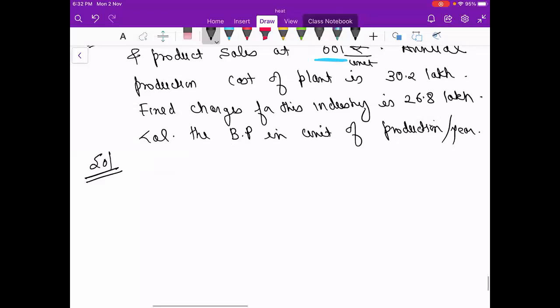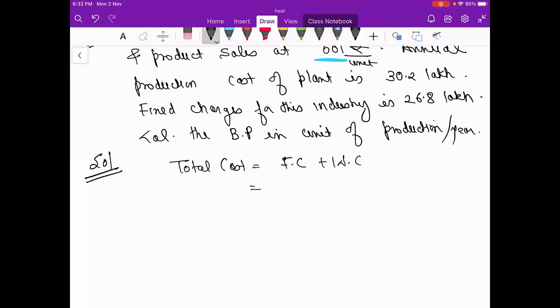Okay. See, total cost equals to total fixed capital plus working capital.